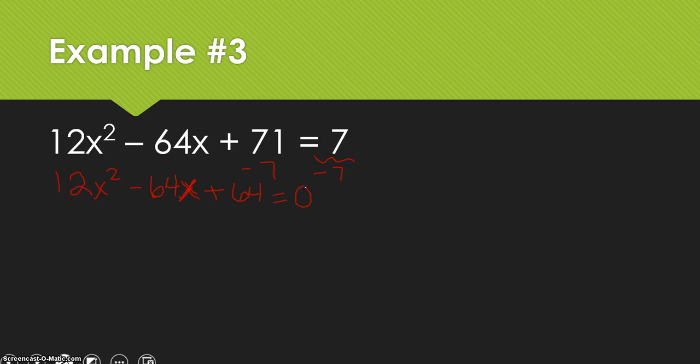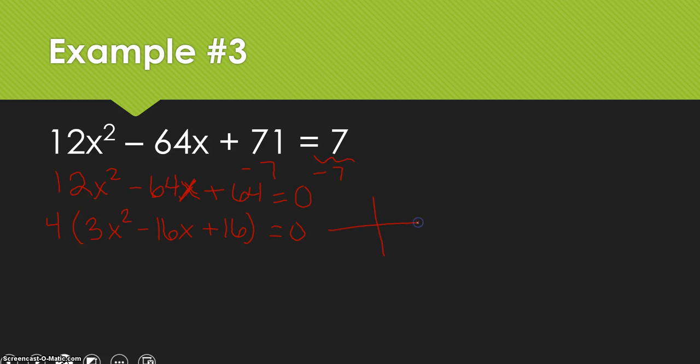A variable does not factor out. But what's my greatest common factor of 12, 64, and 64? Well, 4 is the largest number that divides 12, 64, and 64. So I can take out a 4, and I'm left with 3x squared minus 16x plus 16 is equal to 0. And now I'm going to factor that.